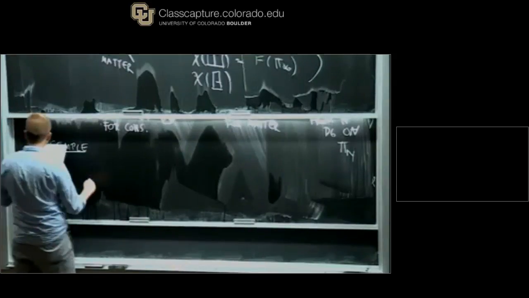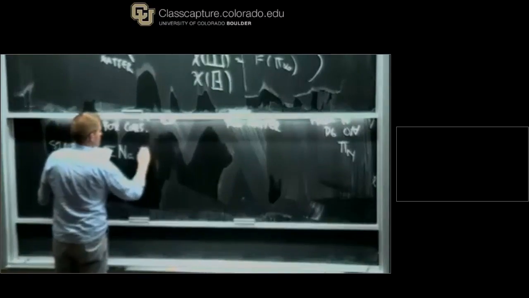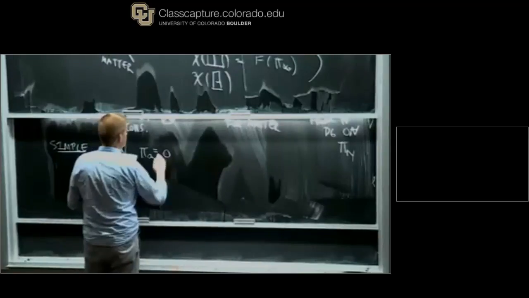Let me ignore orientifolds for the moment. In the absence of orientifolds, star 1 becomes sum n_a pi a equals 0.